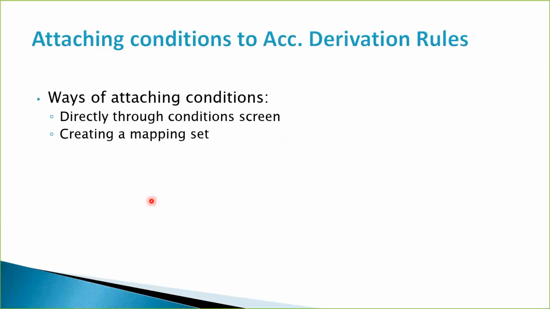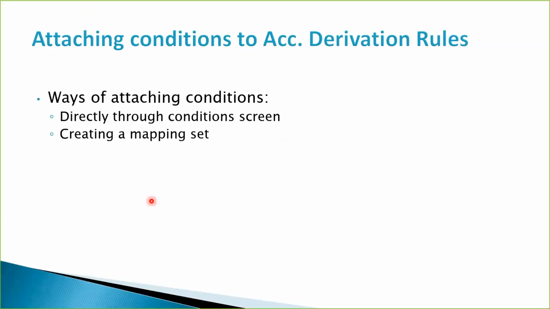So a mapping set is the second way in which we can attach conditions to the derivation rules. So we saw how to do it through the condition screen. And remember, we mentioned that sometimes conditions can be very complex to enter.